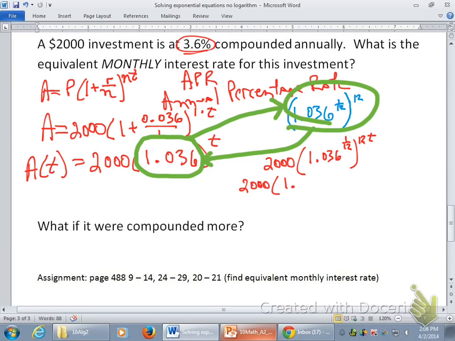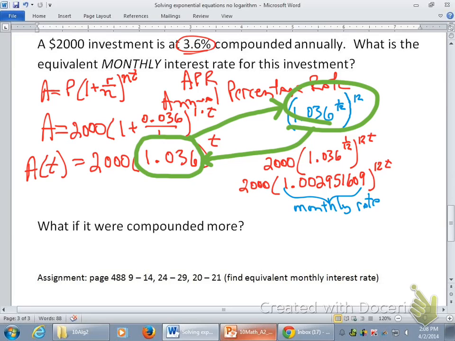Go ahead. Let me get that from you. 1.002951609. All right. And it's actually irrational. There's probably more after that. Okay? But this is my monthly rate. This is actually giving me my monthly rate.